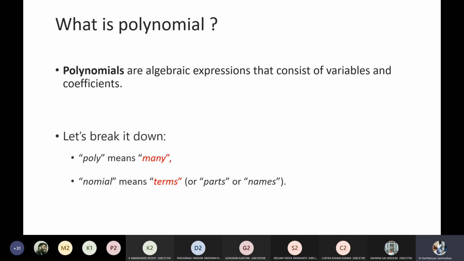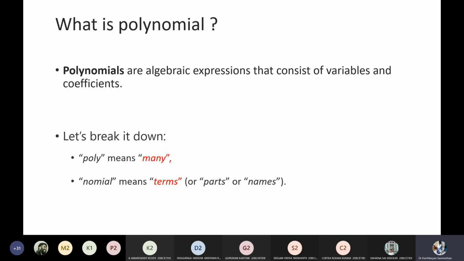In this polynomial, as I told you, we are adding some extra terms. Previously we had only x. Now we are adding x1 squared, x2 squared, or x power 3, x power 4. So we are introducing many terms. That is what polynomial means: nomial means terms, poly means many.